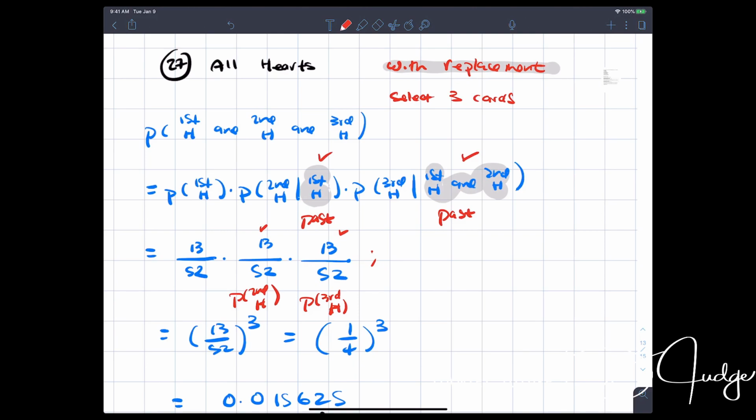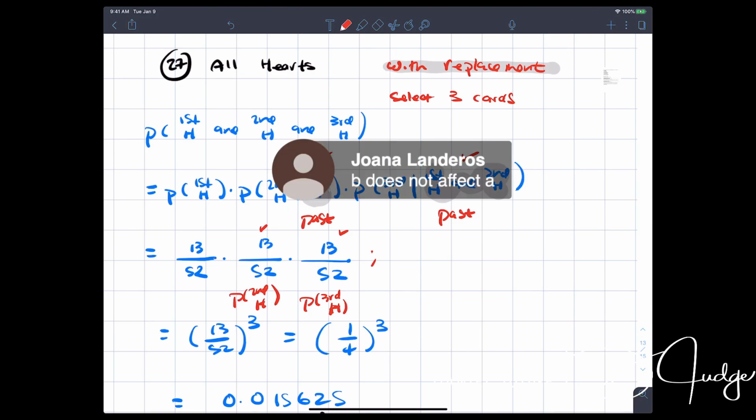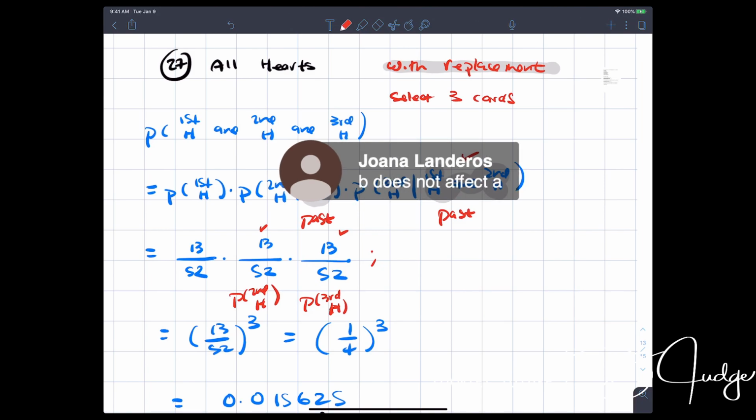With replacement, what is that analogous to? Independence or dependence? Okay, Joanna. B does not affect A. Thank you, Joanna. You are right.